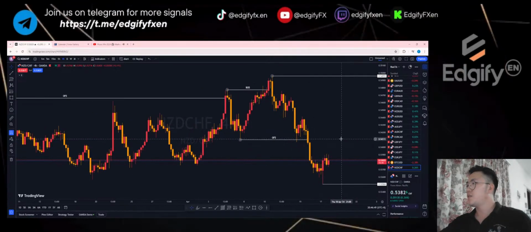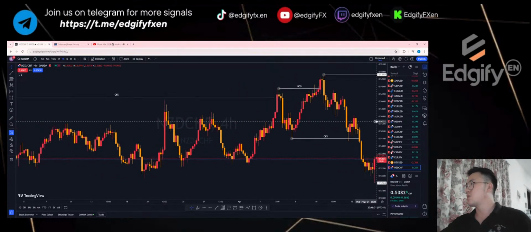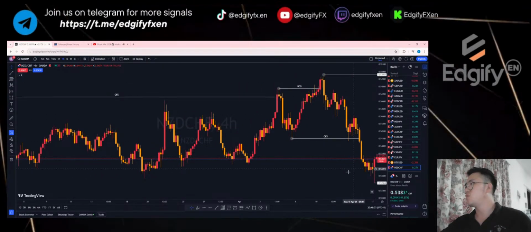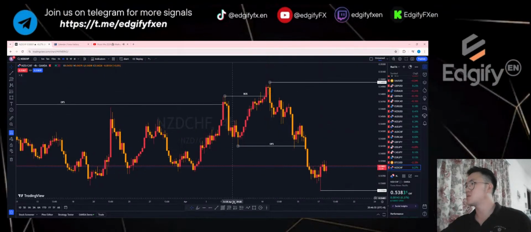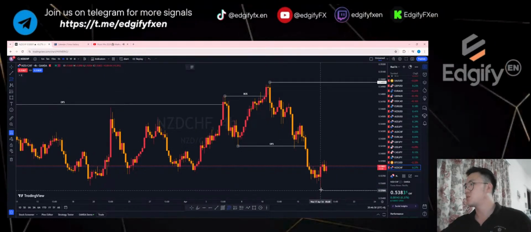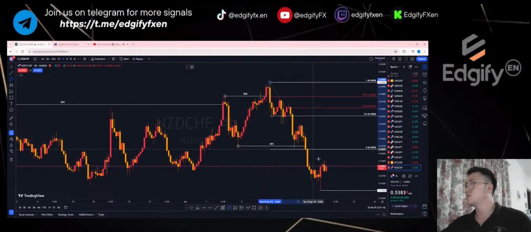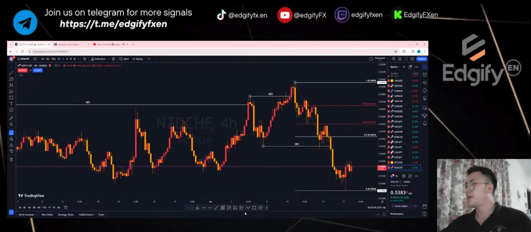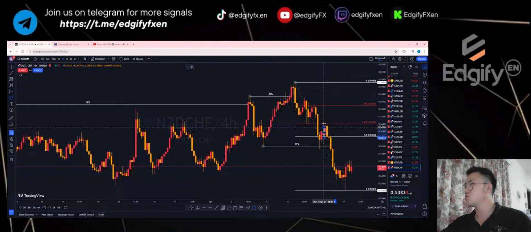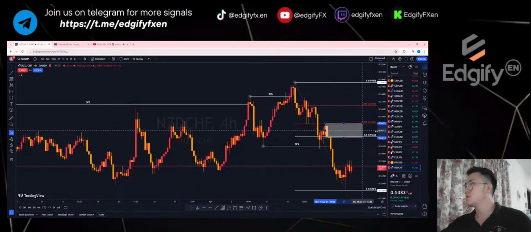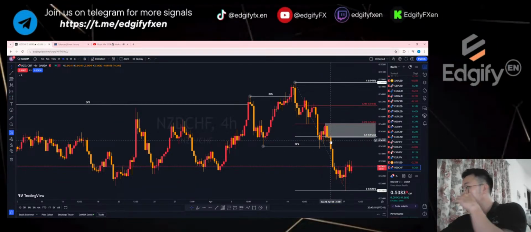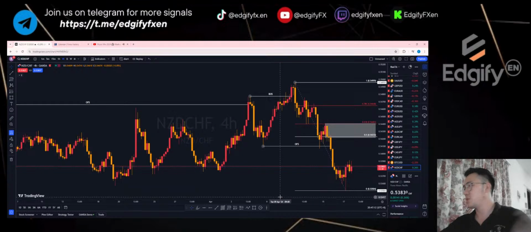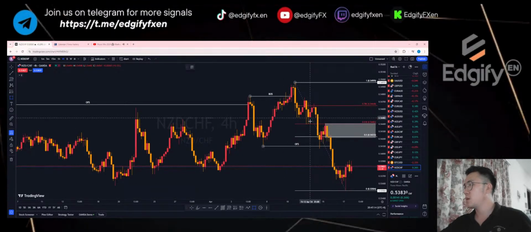Okay, NZD CHF, which is another pair that I'm currently looking. Okay, hour 4, we know that the price is coming downwards. We have yet to get a proper retracement. Assuming this is our low, anything above the 50, we'll be looking into it. We have one here, which this candle actually broke, not mitigated yet.